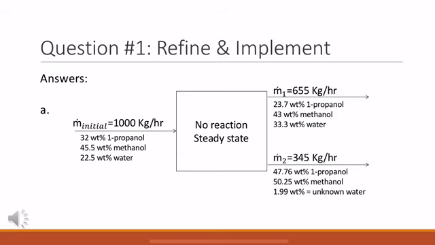To answer part A of the problem, we have the completed flowchart with all the unknowns filled in. As you can see, we have M1 filled in as 655 kilograms per hour. We've also found all the weight percentages for the unknowns in stream 2, being 47.76 weight percent for 1-propanol, 50.25 weight percent for methanol, and 1.99 weight percent for water.